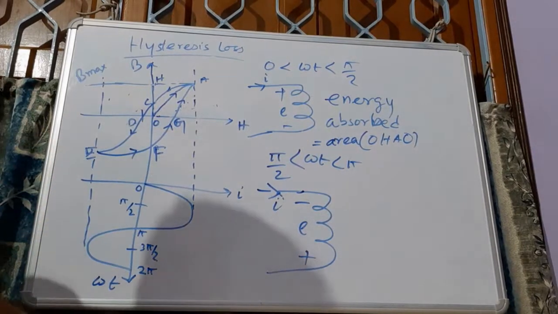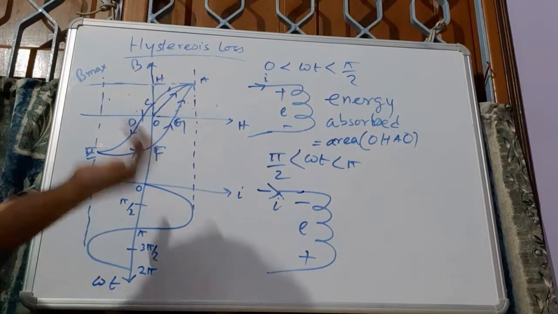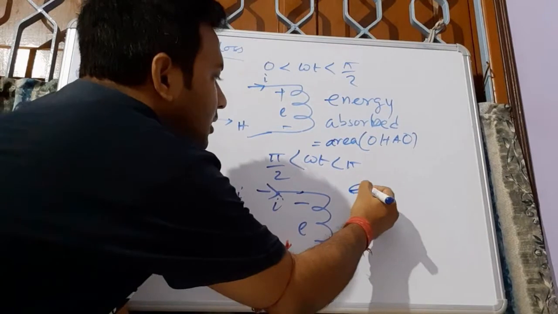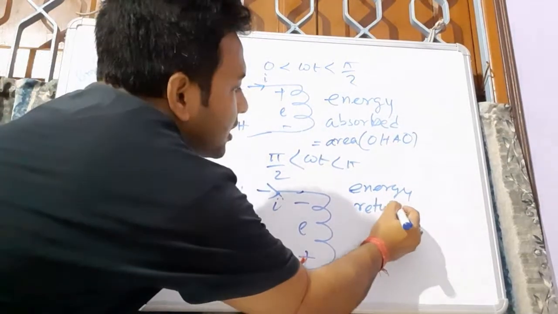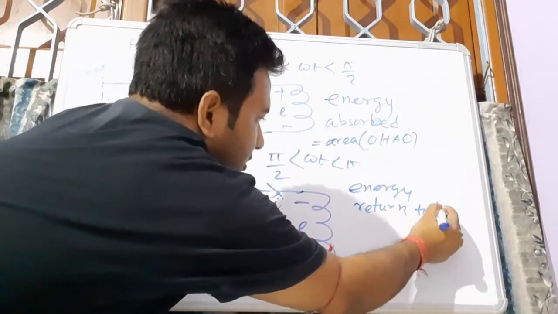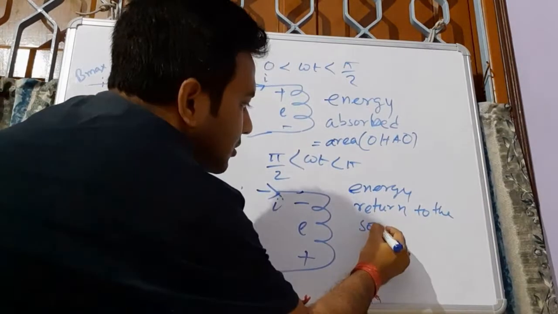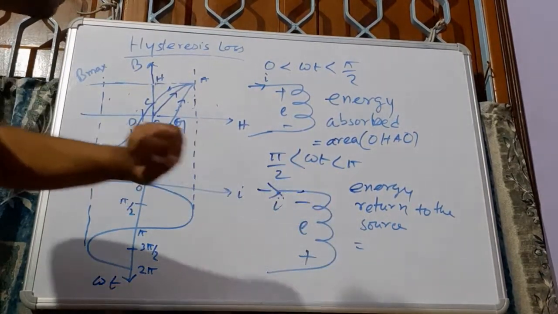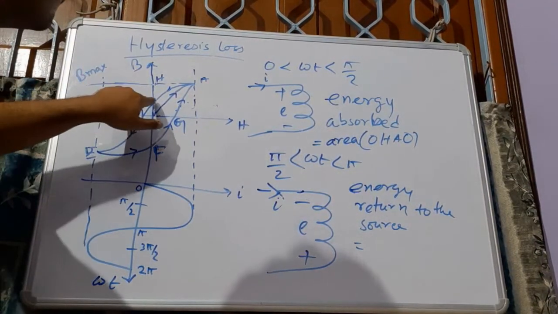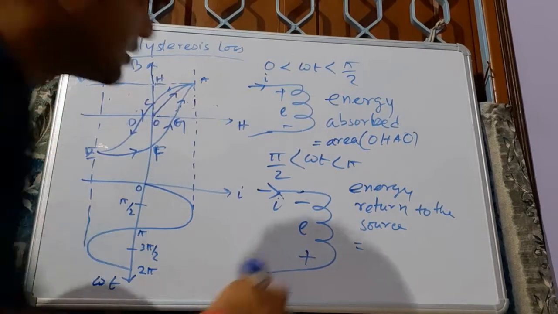Then it can be considered as energy returned to the source. So what will be the magnitude of energy returned to the source? This will be the area of CAHC.